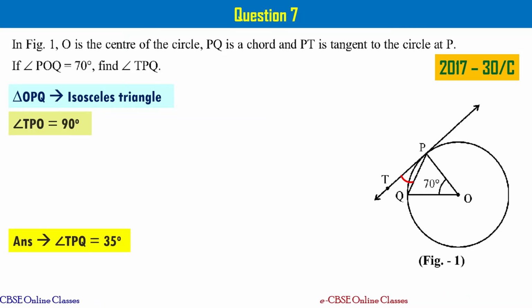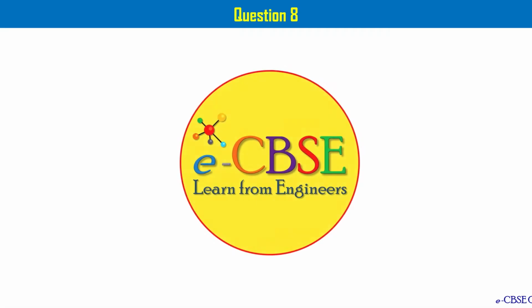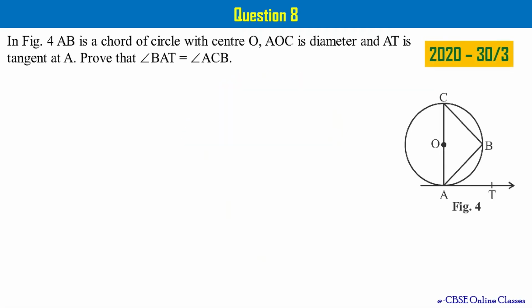Let's go to the next question. That is question number 8. In figure 4, AB is a chord of circle with center O. AOC is diameter and AT is tangent at A. Prove that angle BAT is equal to angle ACB. Angle BAT is shown using blue color line and angle ACB is shown using green color line.